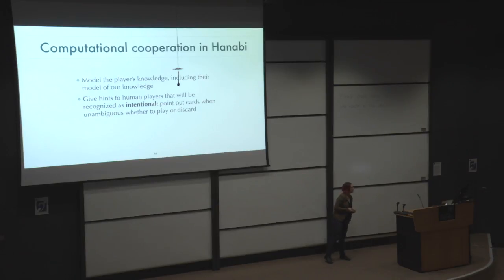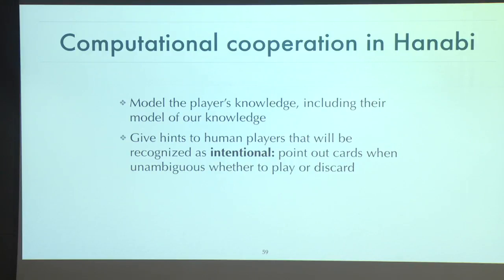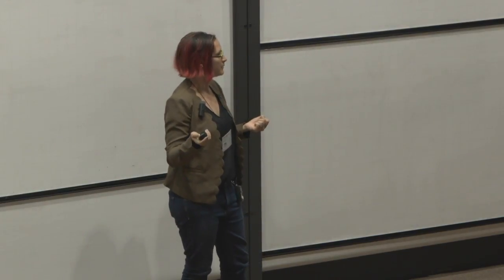So we give hints to human players in a way that we hope will be recognized as intentional. So what we do is we point out cards when it's unambiguous whether to play it or discard it. So if both of somebody's 2s are playable currently, you might point out both of them. But if only one of them is playable, then you wouldn't want to point out both of them because it wouldn't be clear which one they ought to play.